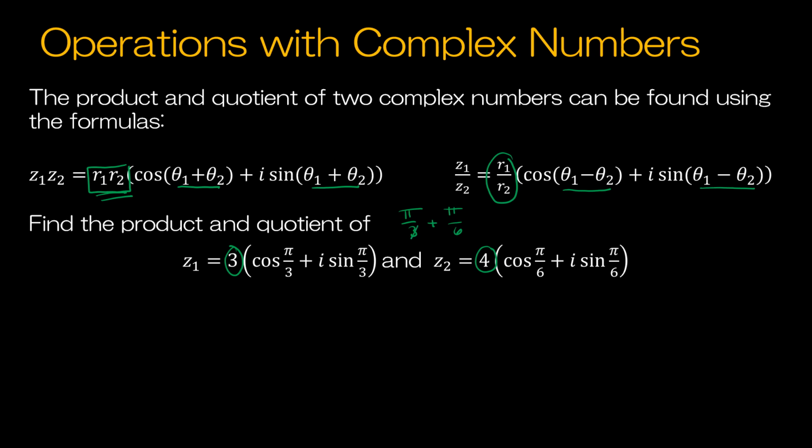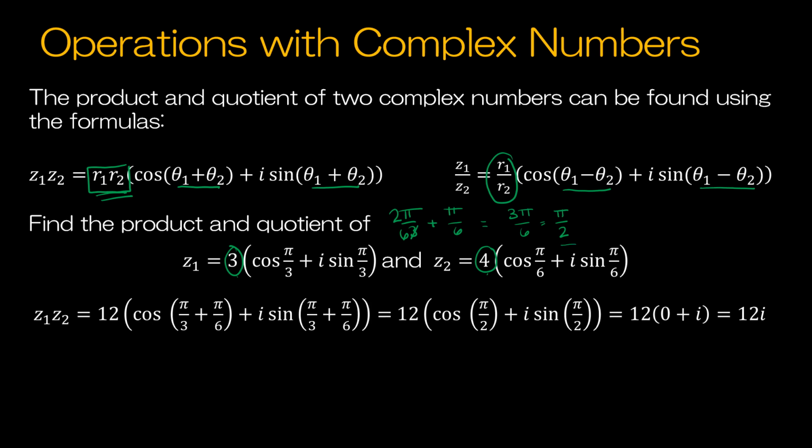Well, I could multiply 3 by 2 to get 6. So if I multiply the denominator times 2, I take the numerator times 2. So I get 2 pi over 6 plus pi over 6, which is 3 pi over 6, which is pi divided by 2. So my r value is going to be 12, 3 times 4, and my theta value is going to be pi over 2.